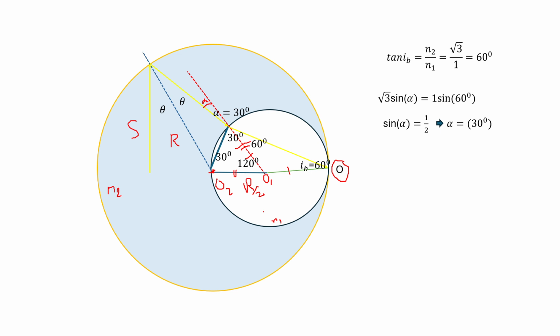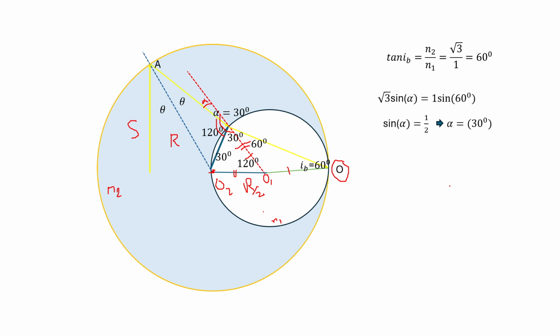Now alpha 30 degree is known, and this angle 30 is also known. So 30 plus 30 is 60, and this is a total straight line passing through the center. So what we will get is 180 minus 60, that is 120 degree. So the angle made by this line, this one, is 120 degree.